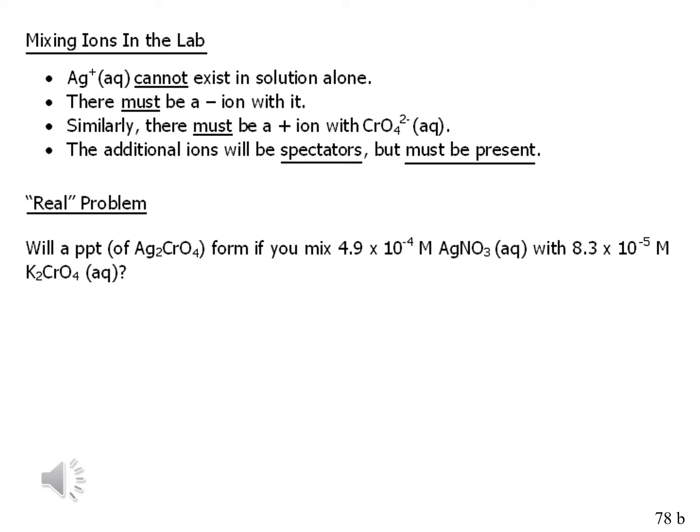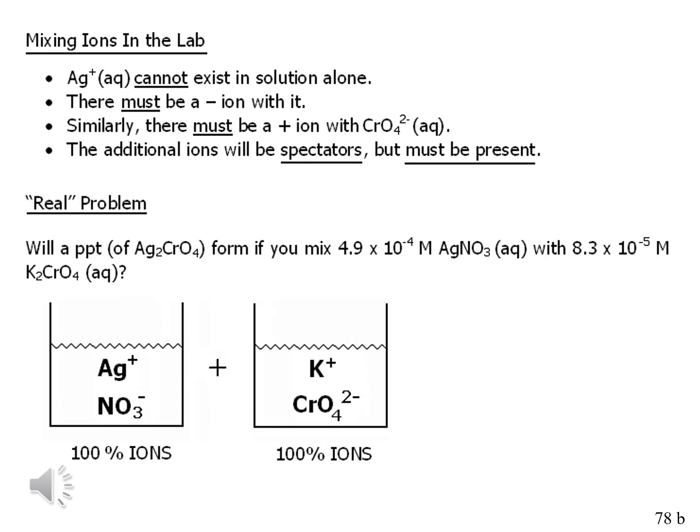I'm going to use potassium chromate because when we use chromate in the lab, that's what you use. So this one I'm labeling as kind of a real problem. Will a precipitate of silver chromate form if you mix that amount of silver nitrate with a different amount of potassium chromate? So I'm giving you the complete compounds. What you're doing is you're still going to mix silver nitrate and potassium chromate together in 2 beakers.